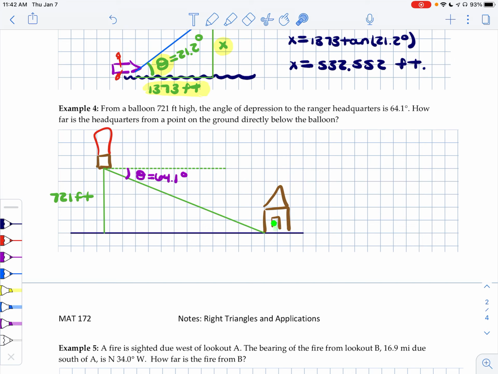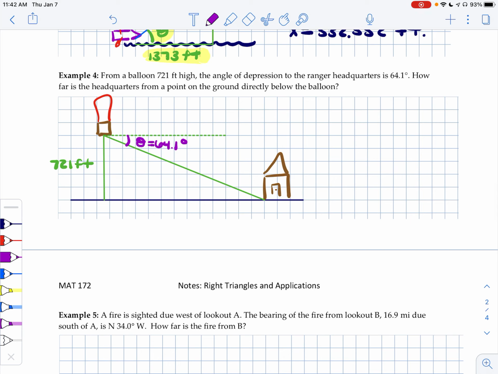But if you were a person standing down here at the ranger station looking up at the balloon, you would have your angle of elevation as that same angle, 64.1 degrees. The reason I point this out is because we can use this to help solve our problem. So this angle down here is also 64.1 degrees. And that's going to be a little bit more useful because it falls within this triangle that we're looking at.